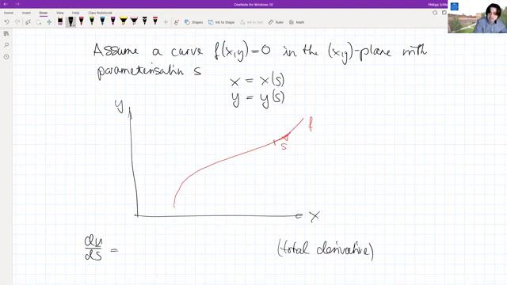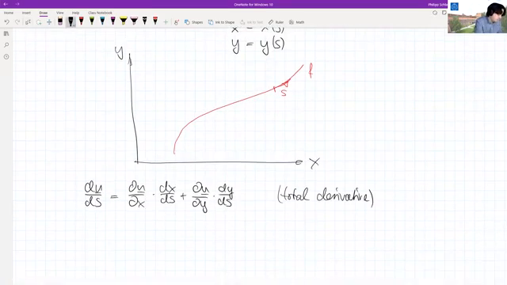So, I mean, essentially, I need to use the chain rule in this case. So that means this will be du dx times dx ds plus du dy times dy ds. Okay. Notice here that these are partial derivatives and these are normal derivatives. Okay. So far so good. So there was nothing very strange here. I just did this derivative.